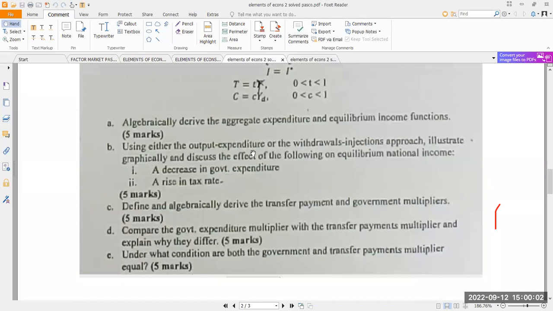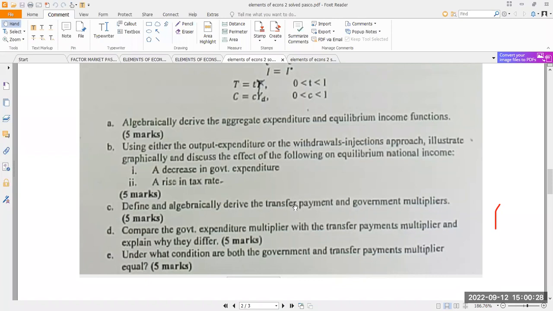The next part, we are to define and algebraically derive the transfer payment and government multipliers. Now, in terms of national income accounting, when we talk about the multiplier of a particular component or variable, we are looking at the change in income resulting from a unit change in that particular component.